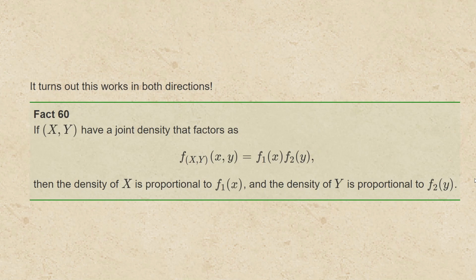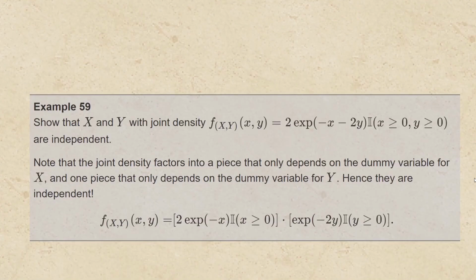For example, suppose that the joint density is 2e to the minus x minus 2y times the indicator x is greater than 0 and y is greater than 0. Can we show that X and Y are independent? Well, we notice that we can factor the joint density into a piece that only depends on the dummy variable for x and one piece that only depends on the dummy variable for y.